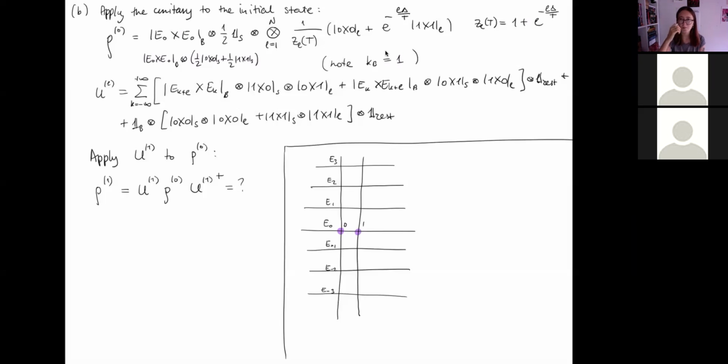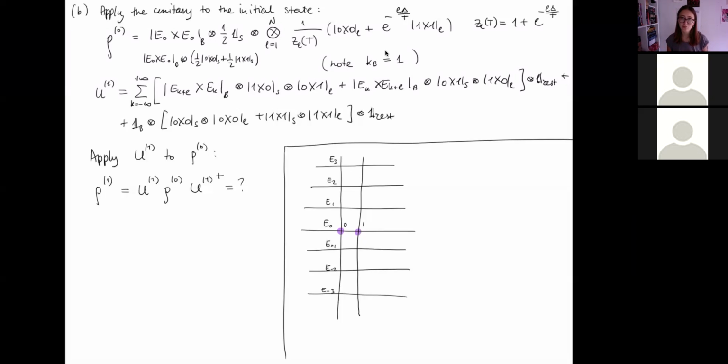Then what happens during each step of the protocol? We will see this mathematically when we apply the first unitary, but let us think about it more intuitively. The idea of the unitary that we apply is that there are two possibilities.